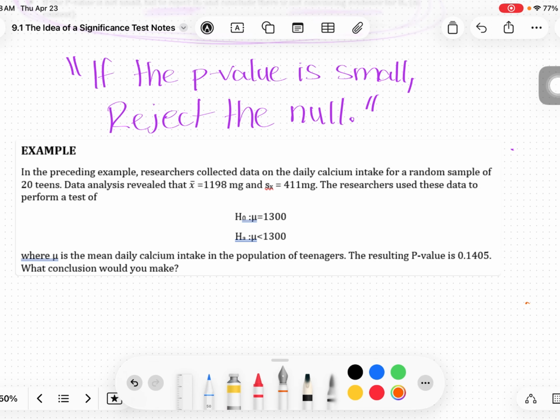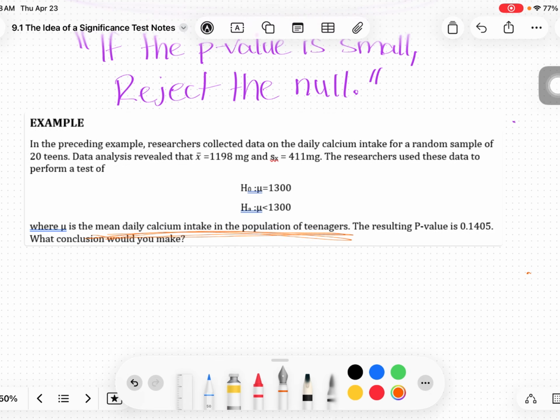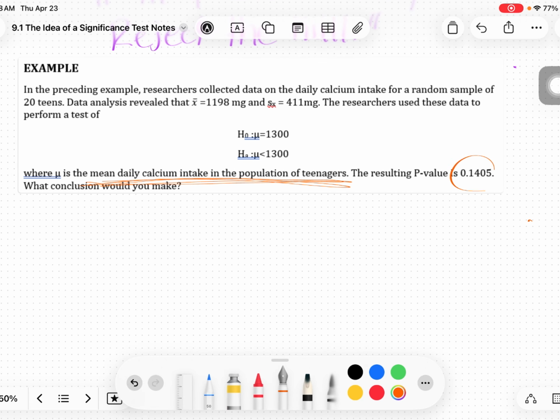And we are back to our mean calcium intake here for our teenagers. We get this p-value that we talked about earlier. And I'm going to just say right off the top, that's not small relative to what normally we would consider small. And so we would fail to reject the null hypothesis.